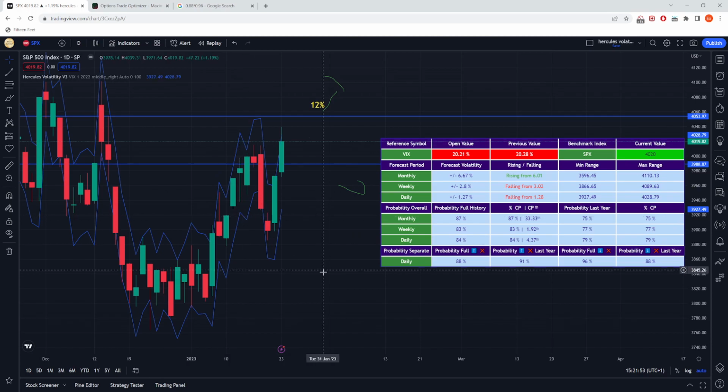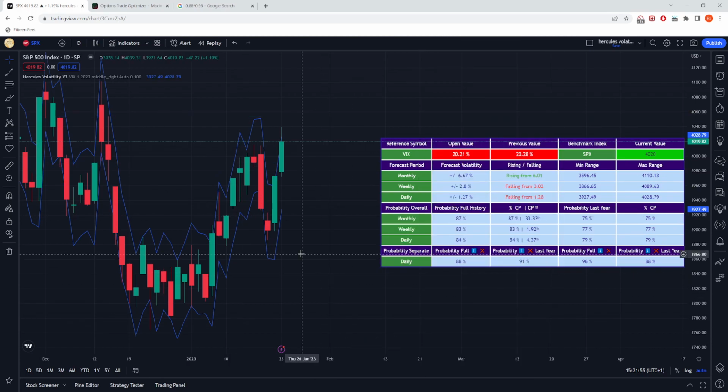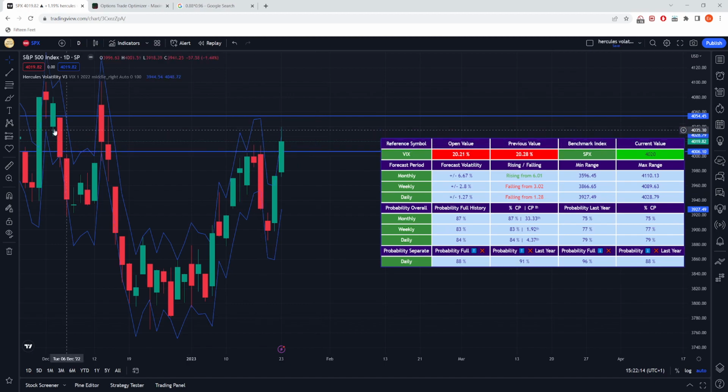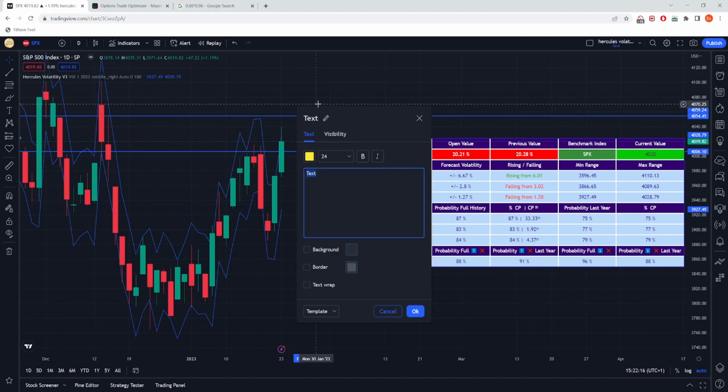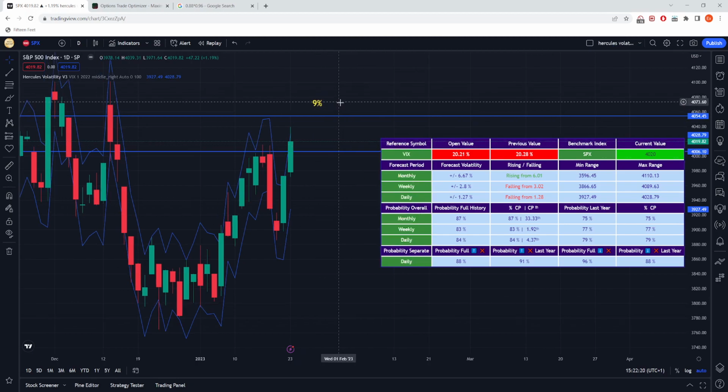So let's remove the drawings for now. And the same situation, for example, for the last year. In this case, for the last year, we would have a 79% probability. And this 79% probability is going to come from this and from here. So it's telling me that in the last year, we would have a 90% probability that the market is going to go in this part.